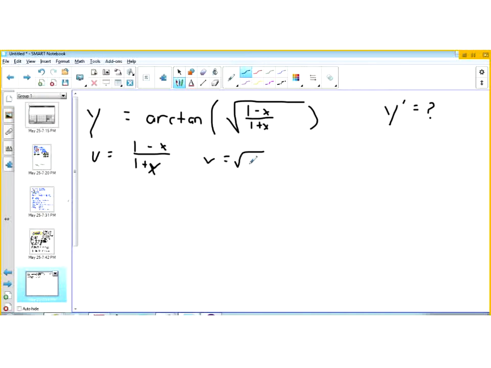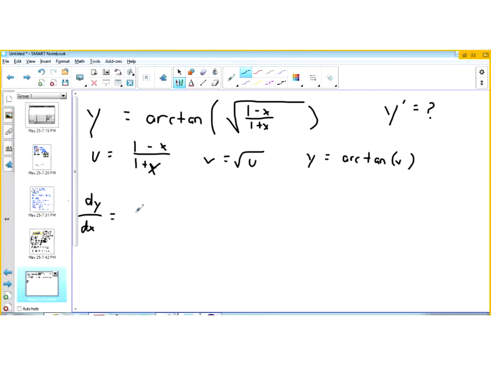And how about we let v equal the square root of u? And so what we want is the arctan, so y is equal to the arctan of v.